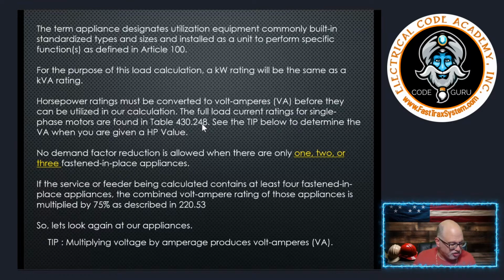Now, an interesting question that people raise, and we'll go look at the code. In the 2023 edition of the NEC, people ask me all the time, is an EV charger an appliance? Well, yes, it's an appliance. It's made in standardized sizes, but specifically, when we're looking at appliances in 220.53 for the 2023 edition of the NEC, it specifically excludes EV charging systems from being considered an appliance in order to be part of this reduction that you get when you have 4 or more fastened-in-place appliances, okay?